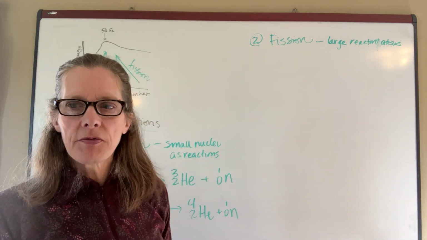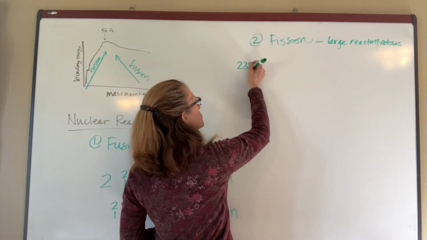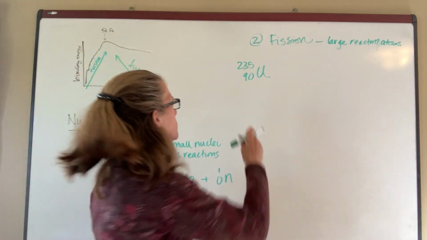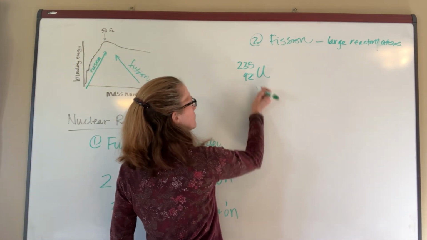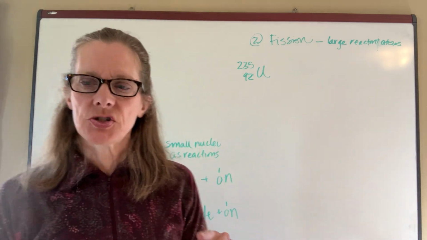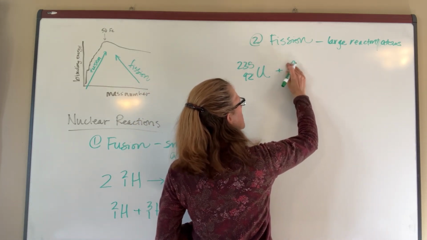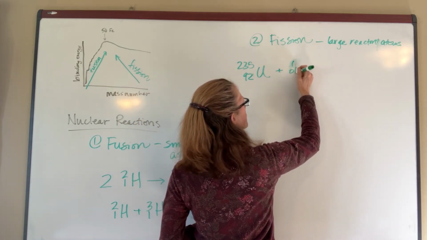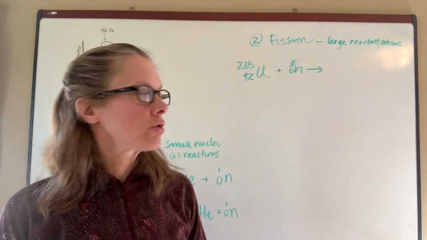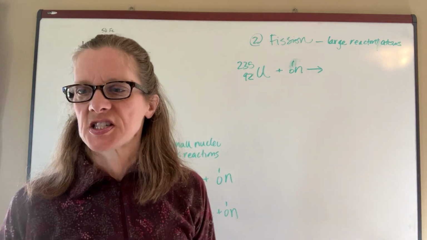An example of a fission reaction is uranium-235 (92 protons). What you do is shoot neutrons at this very large nucleus. If I shoot a neutron at it, that neutron will take this very large nucleus and cause it to split.